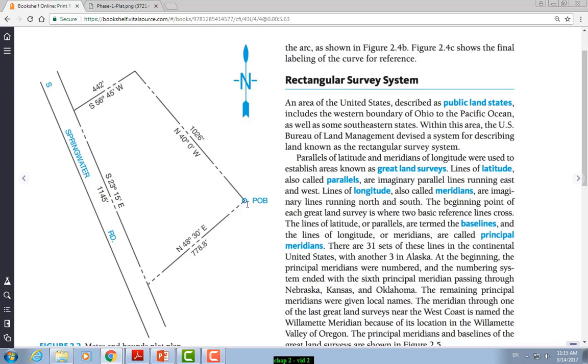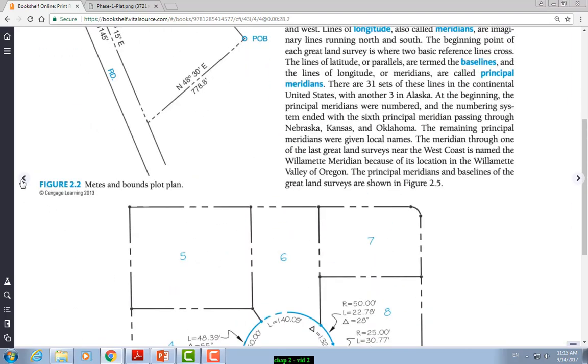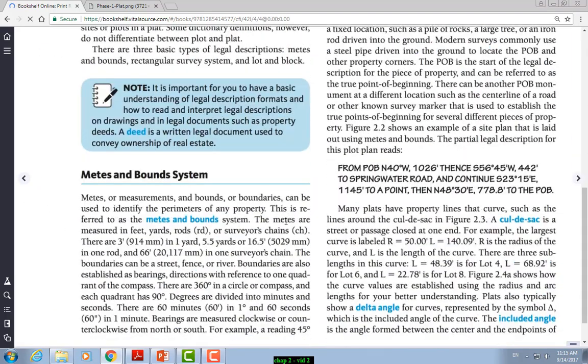Okay, and then you continue. And actually I think it shows it here from POB. This is like an explanation: from POB, north 40 degrees west, and then the distance, and then south 56 degrees 45 minutes west, then the distance of that line, and so on and so forth.